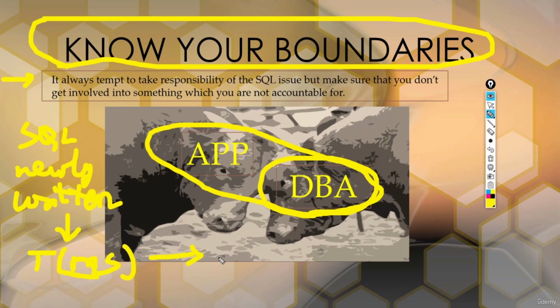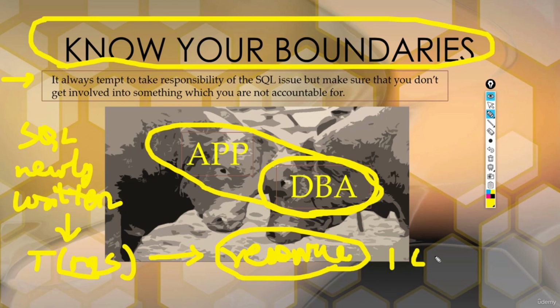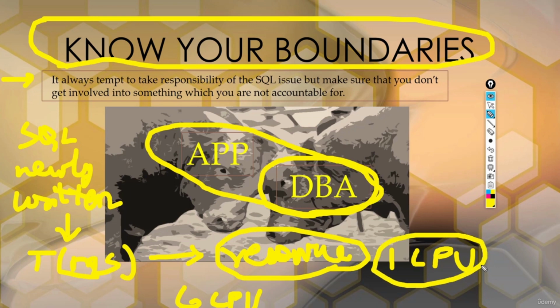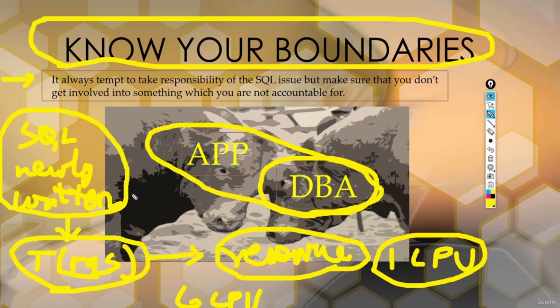But you don't have the sufficient resource in place in your database. Say you have only one CPU core in your database, but your database is taking the load of 6 CPU cores, and the application team is expecting this newly written SQL query to execute in milliseconds, and this SQL contains millions of rows of tables to be fetched.